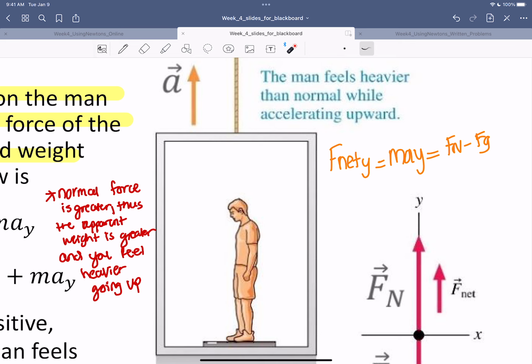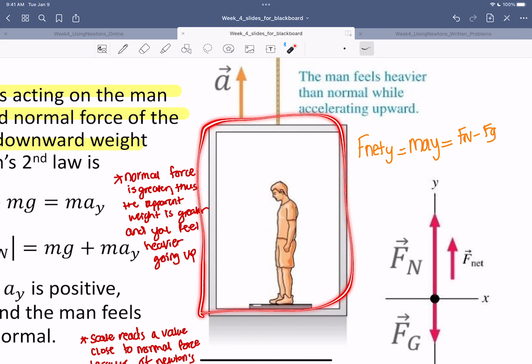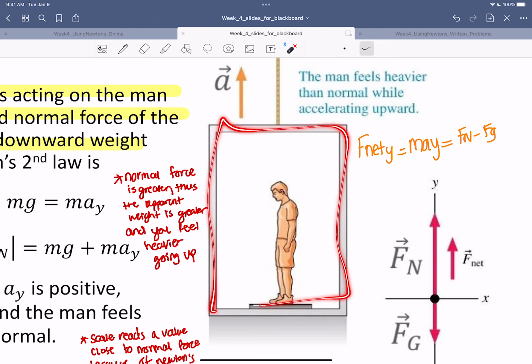It's weird because you would assume, well, why aren't we factoring in the weight of the elevator? We're only focusing on the person in this case. We're not interested in what the elevator's weight is, because if we're looking at normal force, we want to figure out the normal force of the person.